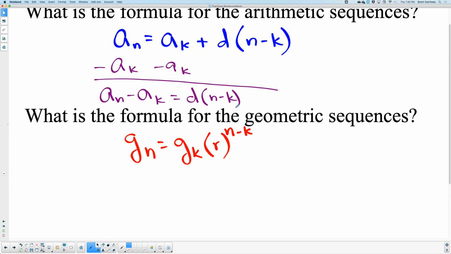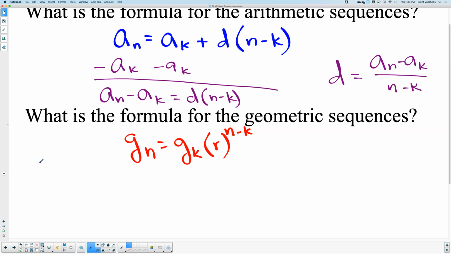And divide by n minus k. And so we end up with d equaling (a_n minus a_k) over (n minus k). It's almost like your slope formula, change of y's over change of x's. It's the same premise there.